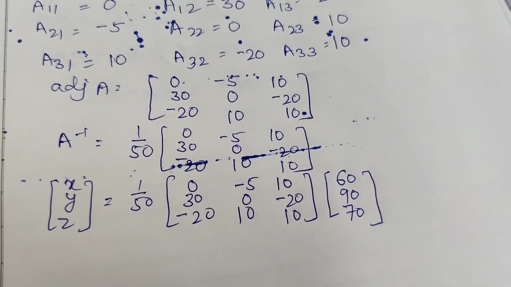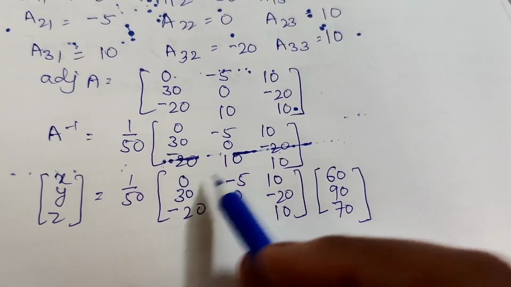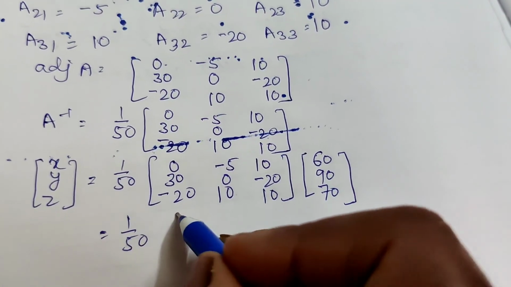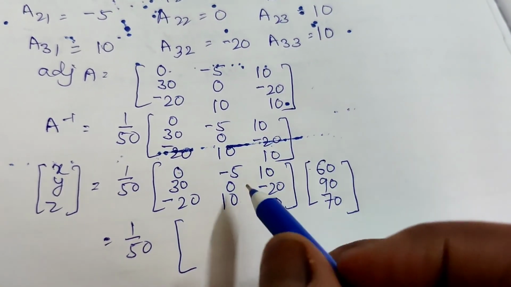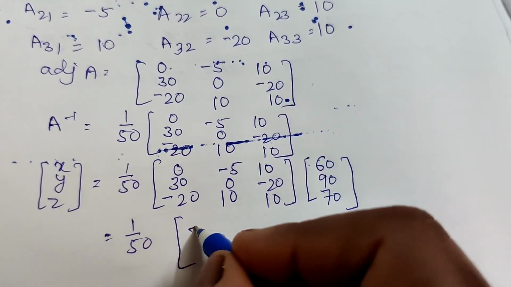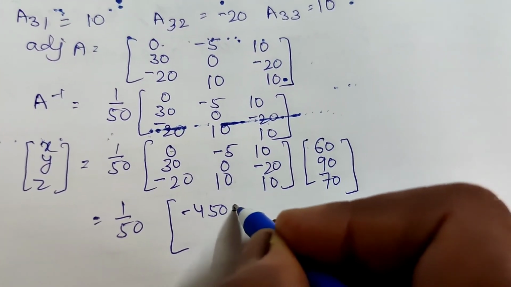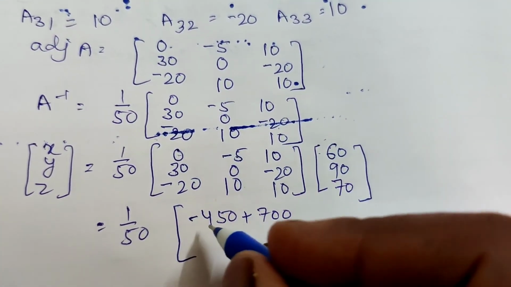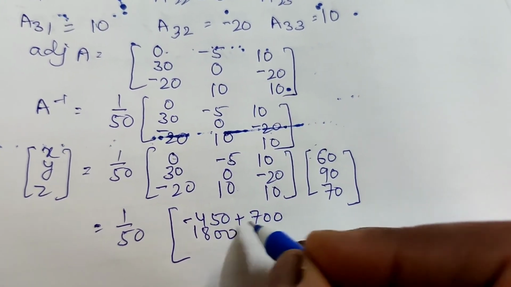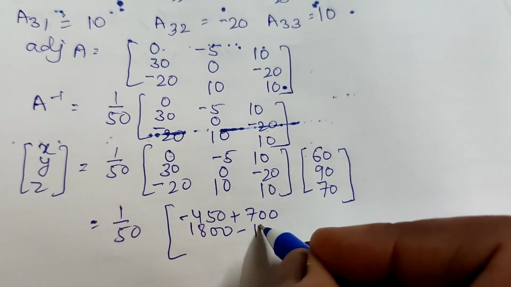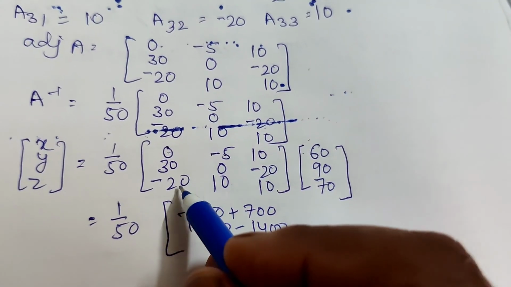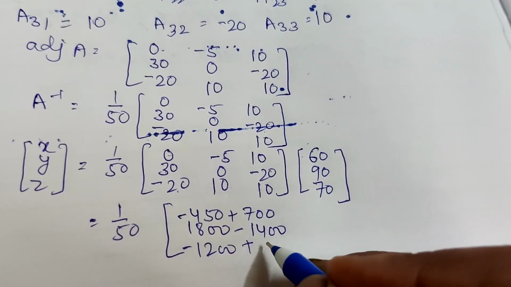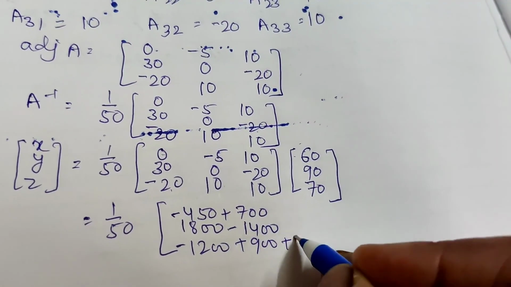Okay, now multiply 1 by 50 here. First term 0, 2700 minus 1400; second term minus 300 plus 0 plus 700; and third term 600 minus 1800 plus 700.